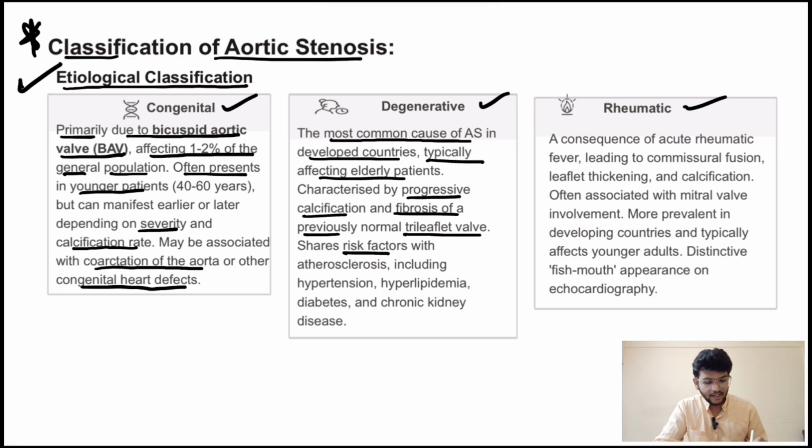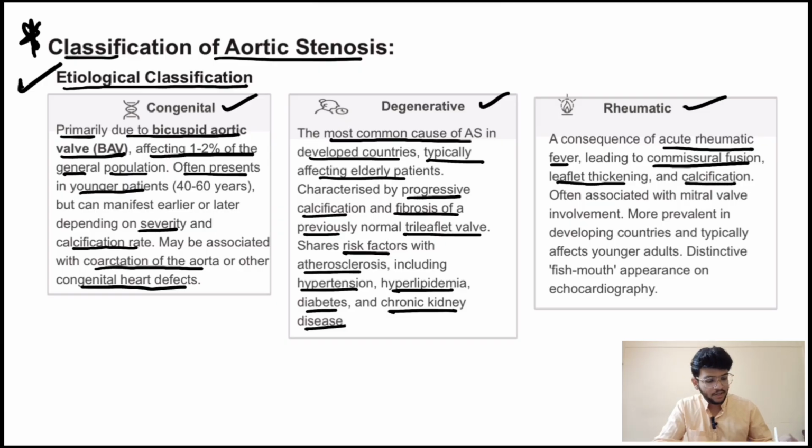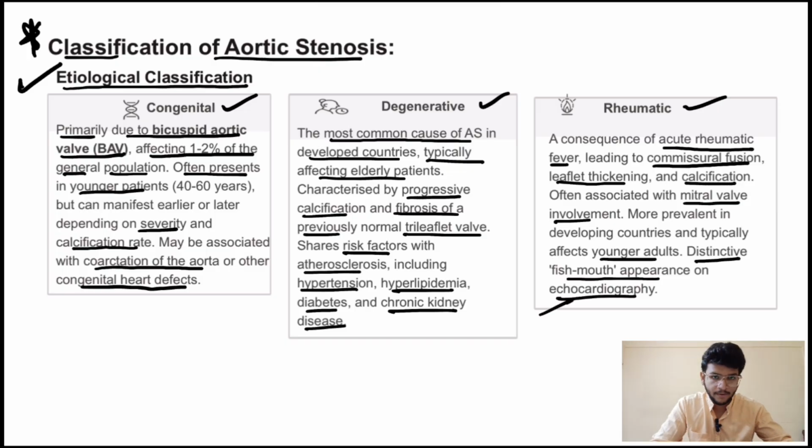Shares the risk factors like atherosclerosis, hypertension, hyperlipidemia, diabetes, chronic kidney disease, etc. In the rheumatic etiology, the cause of the aortic stenosis is the consequence of acute rheumatic fever, which leads to commissural fusion, leaflet thickening and calcification of the leaflet, often associated with mitral valve involvement also. More prevalent in developing countries and typically affects younger adults. Distinctive fish mouth appearance on echocardiography.